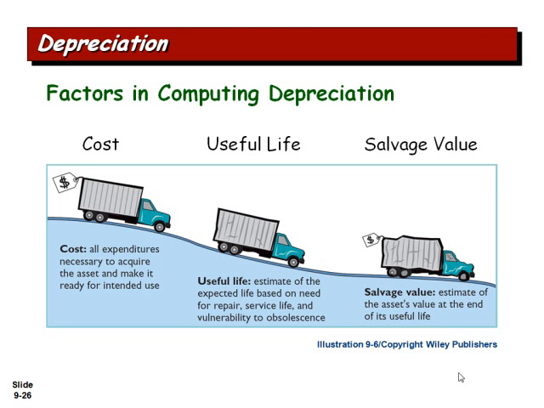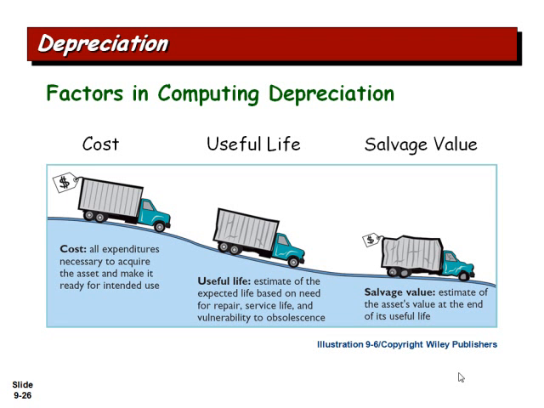So we need three pieces of information to start out in computing depreciation. We need the original cost of the asset, and we talked about that in the last video. We need an estimate of its useful life, either based in time or in units.